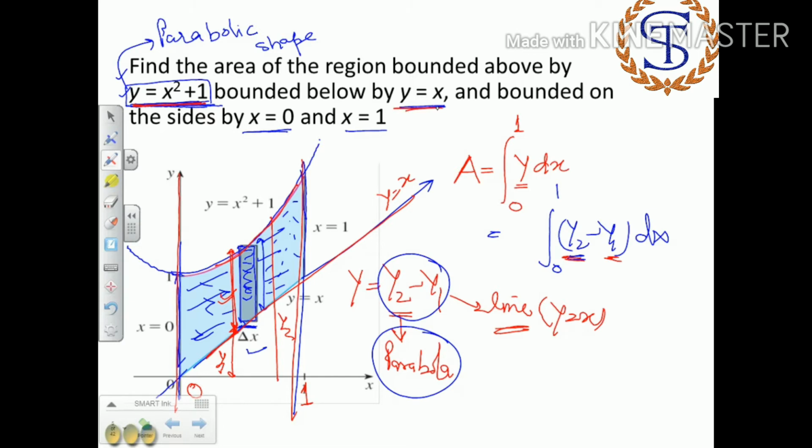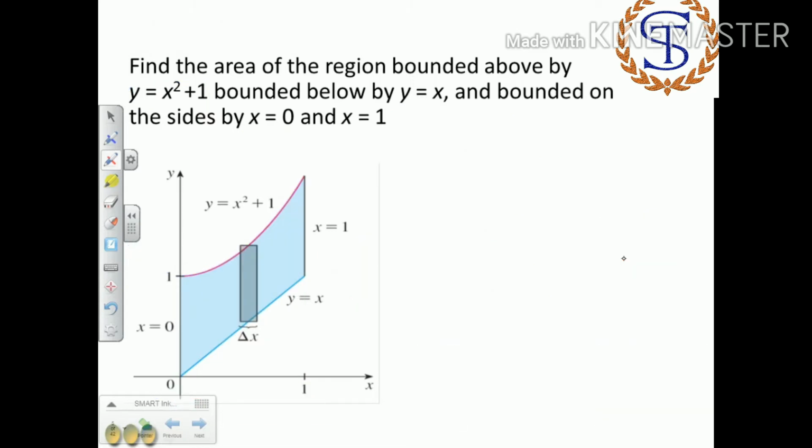So therefore by putting the value of y2 and y1, to find the area bounded by the curves, we have the integration of y2 minus y1 within the limit 0 to 1.